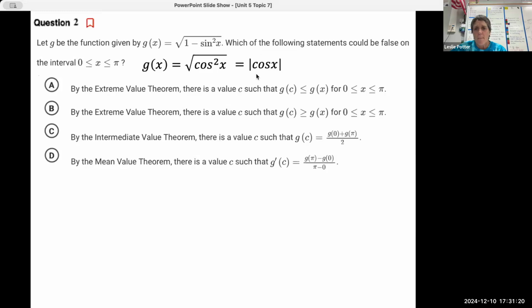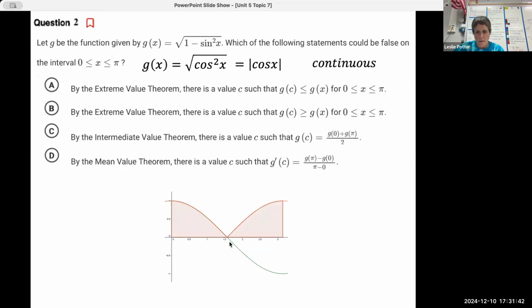And so just to have that basic trig identity and that basic knowledge of what it looks like, then you can get an idea. Well, it's not differentiable because it's going to come down to pi over 2 and it's going to have a sharp cusp. So it's definitely not differentiable at pi over 2. But it is continuous. So it looks kind of like this.